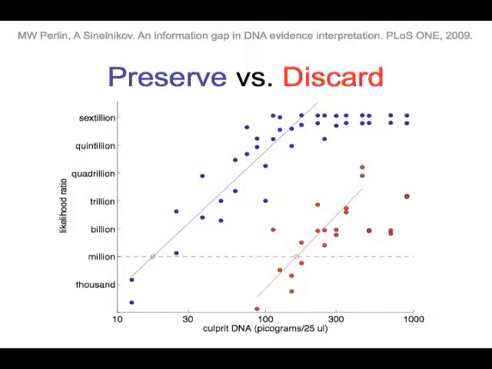And then, as it decreases from 100 picograms down to 10 picograms of the unknown fraction, we have a linear regression line that accurately models the loss of information. If we consider 1,000,000 to 1 to be a convincing threshold, it crosses at about 15 picograms.